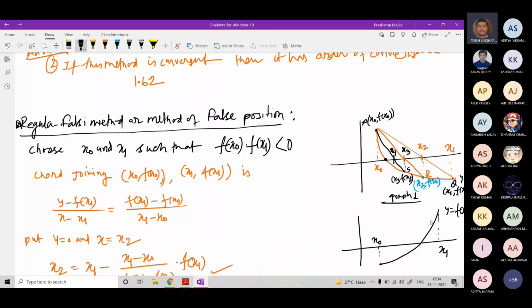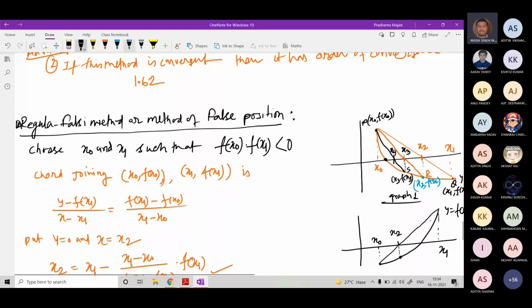Yes, sir. And the same thing will happen in the below picture. First, you draw a chord joining the points. That chord is going to cut the x-axis at some point. Call it x2. Now the root is lying between x2 and x1, so draw a chord joining these 2 points.